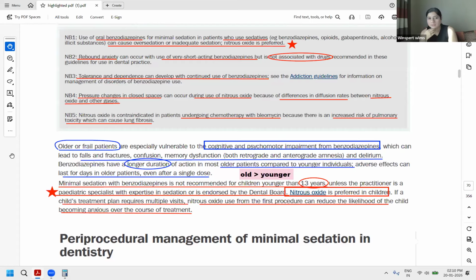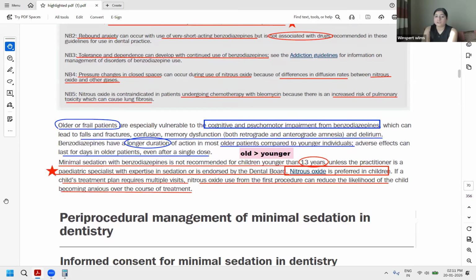So not associated with the drugs that you would use for dental purposes. Tolerance and dependence can happen. Nitrous drawbacks are pressure changes in the closed spaces, and it cannot be given in ongoing chemotherapy with bleomycin, because of the risk of lung toxicity from lung fibrosis.